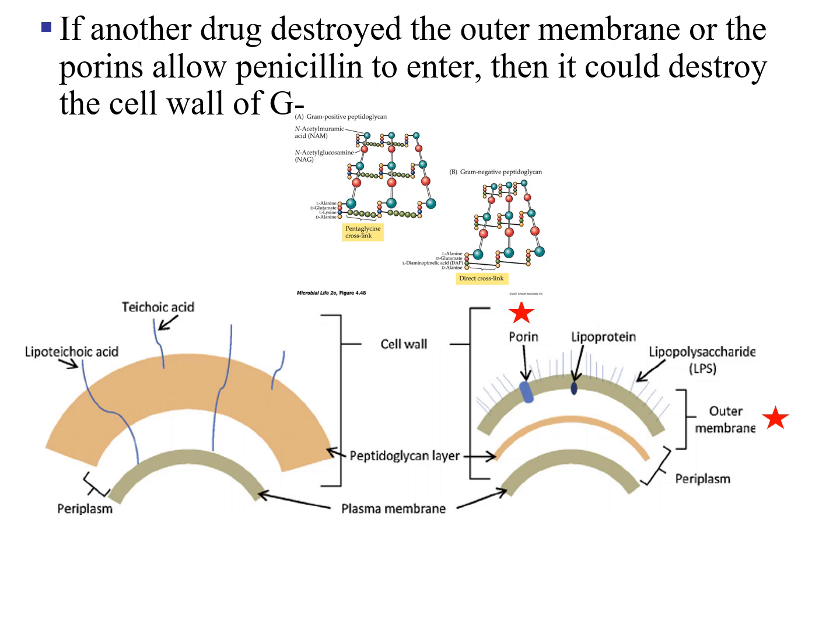The only way around that inhibition is to give another drug, or if penicillin was somehow able to cross that outer membrane and get to the wall, then it could destroy it. So a hole like a porin would have to allow penicillin to enter to destroy that gram-negative bacteria.